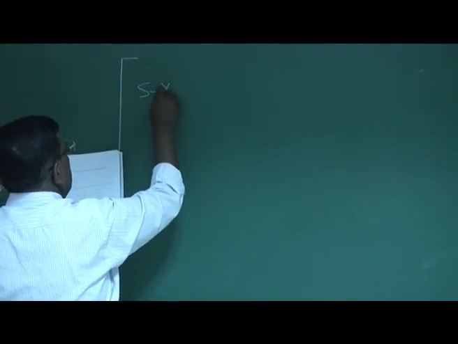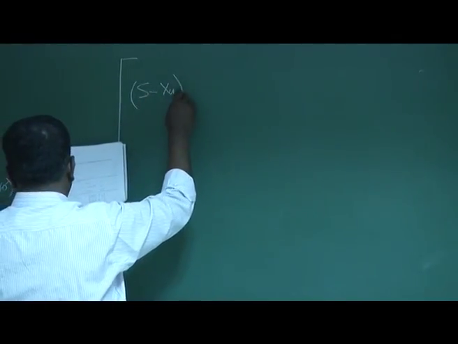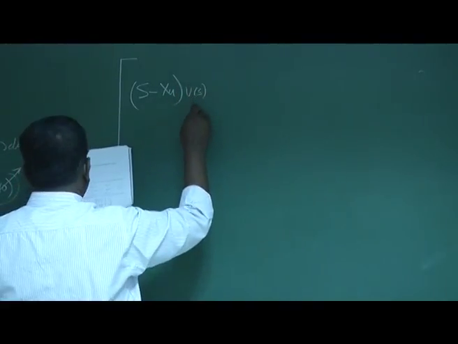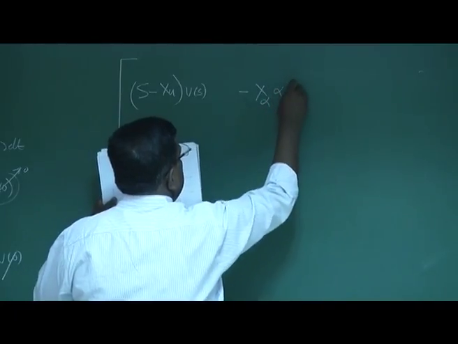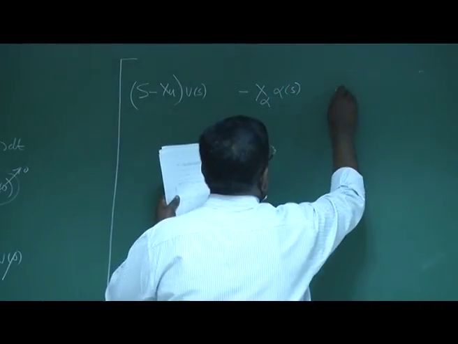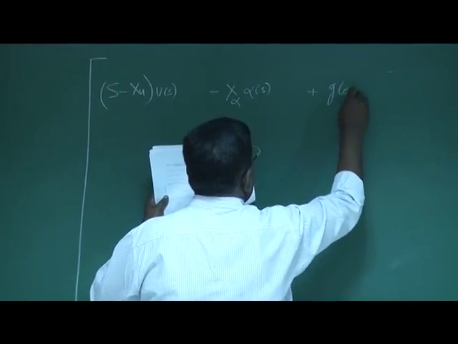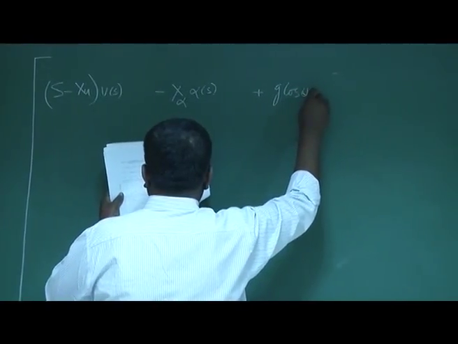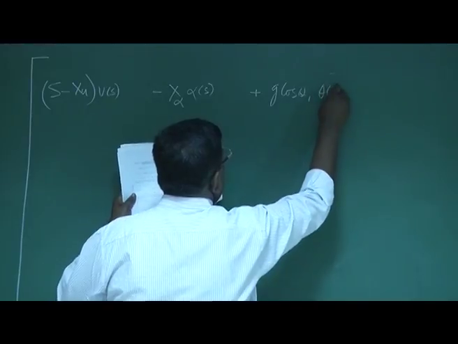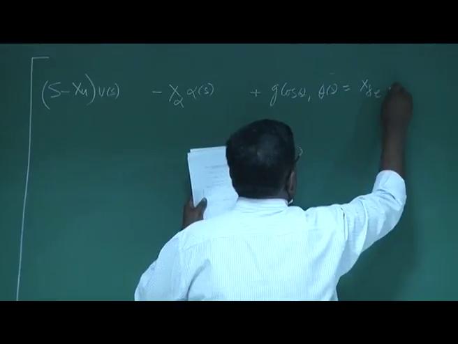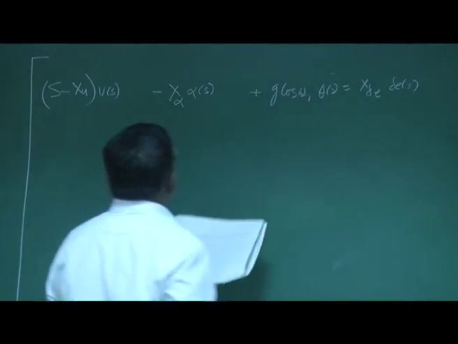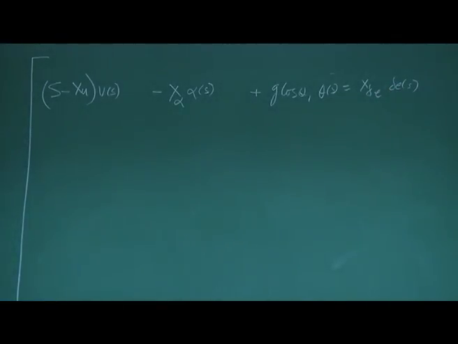You will get s minus xu into u of s, then minus x alpha into alpha of s, plus g cos theta 1 into theta of s, equal to x delta e into delta e of s. We'll not directly write matrix form now. First we write the equations in standard form, then we convert into matrix form.